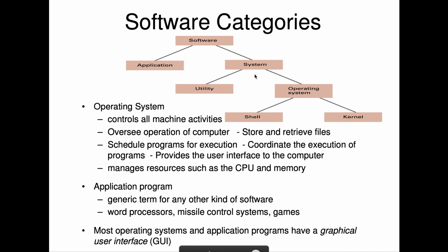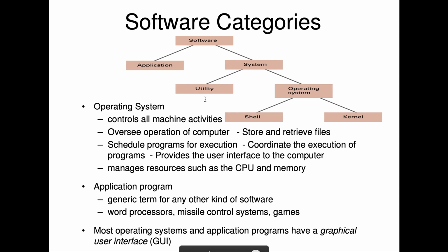The system software has two main categories: utility and operating system. The operating system obviously is a big guy. It manages almost all the complicated stuff, but you also have something called a utility, which is a very specialized application. For example, a disk utility.